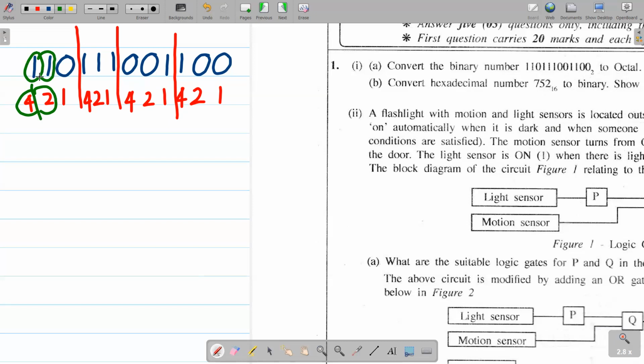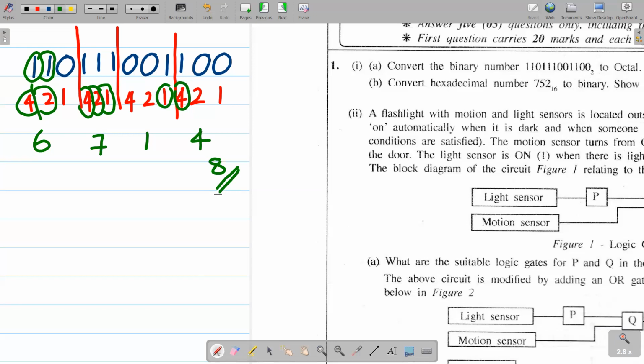Since this is all ones, we are going to add 4 plus 2 plus 1. So this gives you 6, this gives you 7. Here it's only 1, so it's just 1. Here only 4, so this is just 4. So this is the value that we are going to have as the final answer, right?